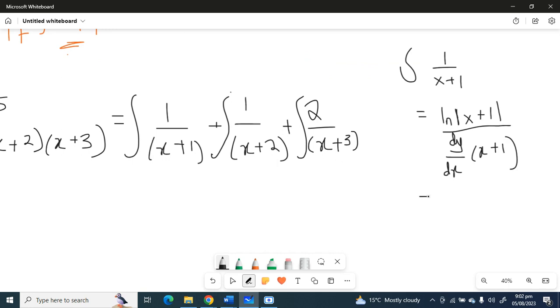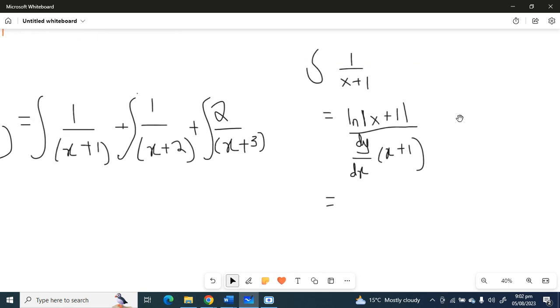To differentiate x plus 1, we start using the power rule. This is x to the power 1. Using the power rule, you multiply the exponent by the coefficient. In this case, our coefficient is 1, so 1 times 1 is 1. Then you subtract 1 from the exponent, so you remain with x to the power 1 minus 1, that is 0. If you remember, x to the power 0 is the same as 1.